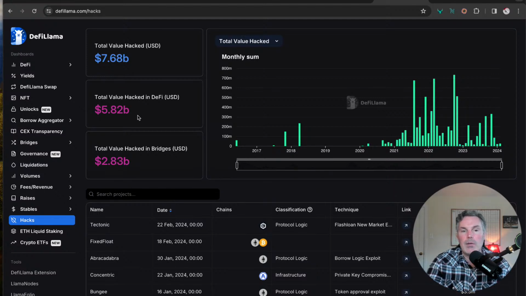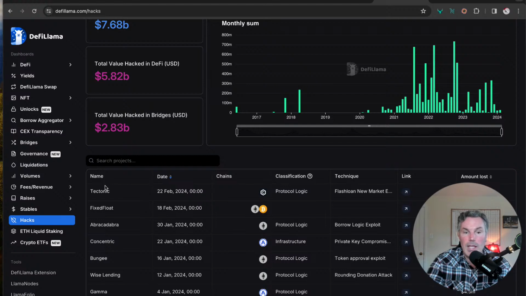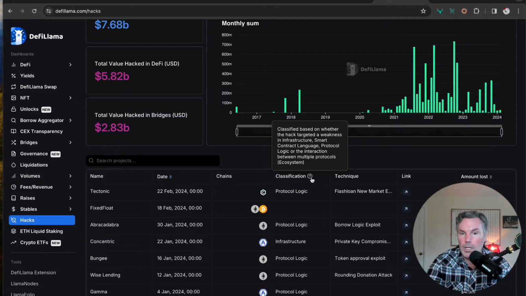How did they do it? Bridges, like I mentioned. Down here you're going to see the name of what was hacked and the date. So actually February 22nd, 2024, as recently as a couple days ago, on the Kronos blockchain. You have the classification based on whether the hack targeted a weakness in infrastructure, smart contract language, protocol logic, or the interaction between multiple protocols.